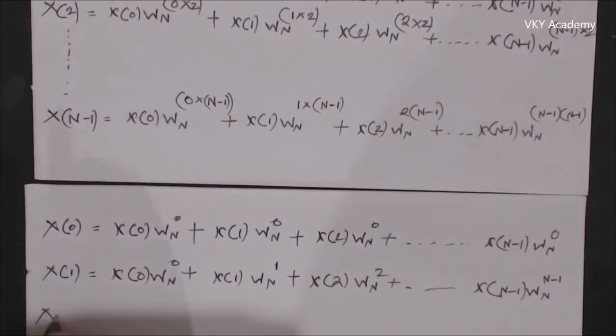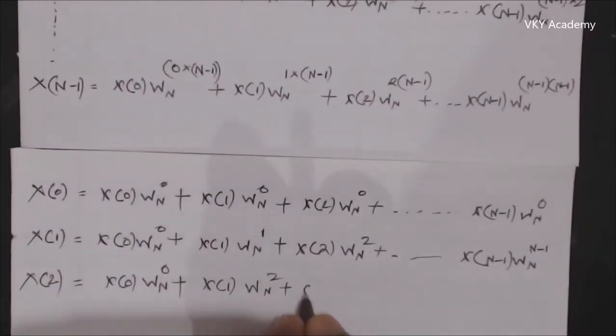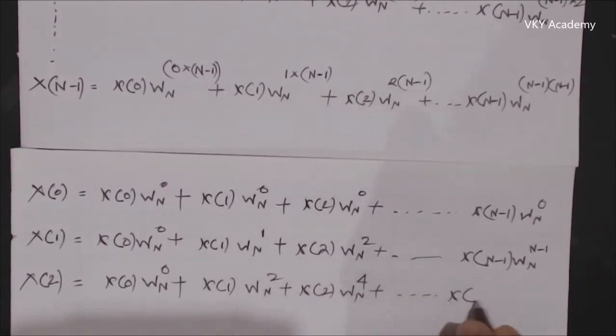Next is capital X of 2, which will be x of 0 WN to the power 0 plus x of 1 WN to the power 2 plus x of 2 WN to the power 4 plus x of n minus 1 WN to the power 2 into n minus 1.